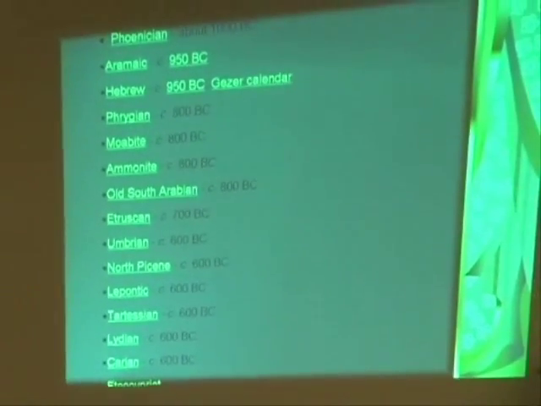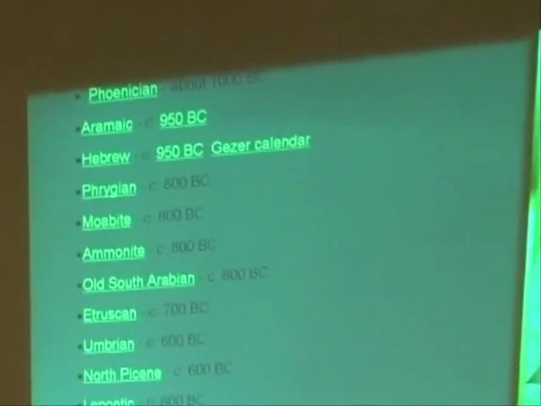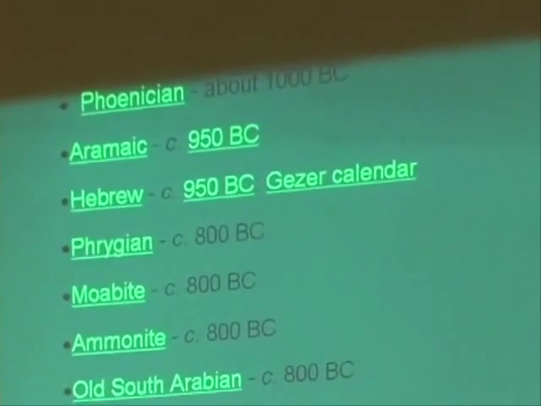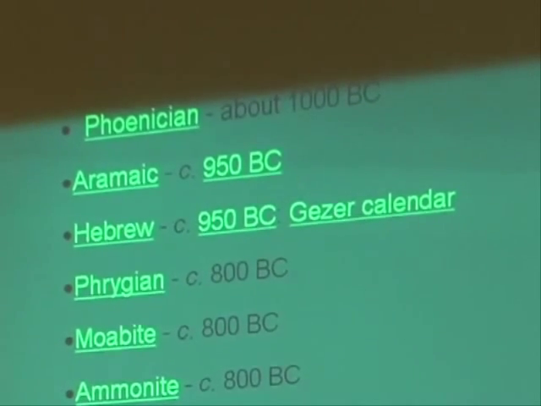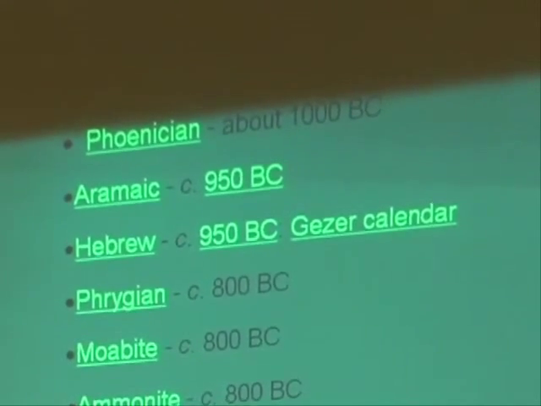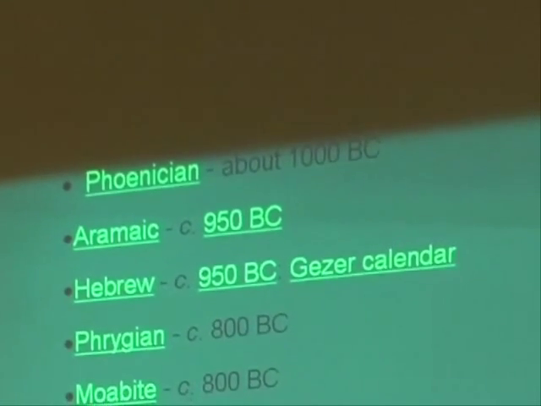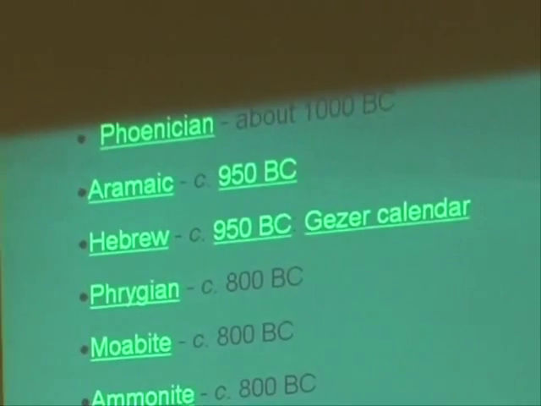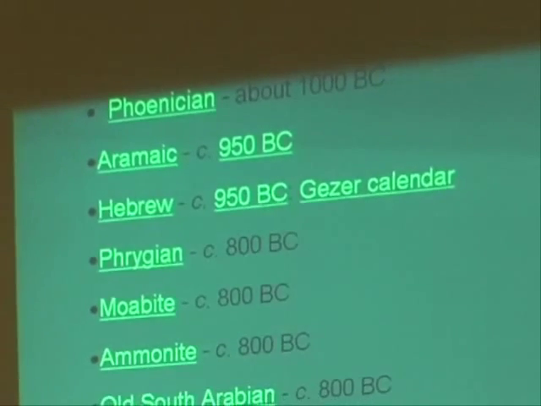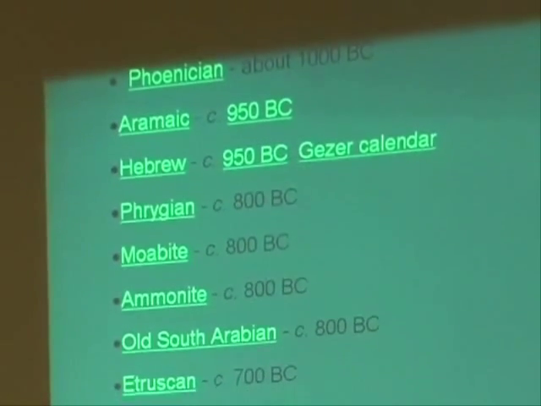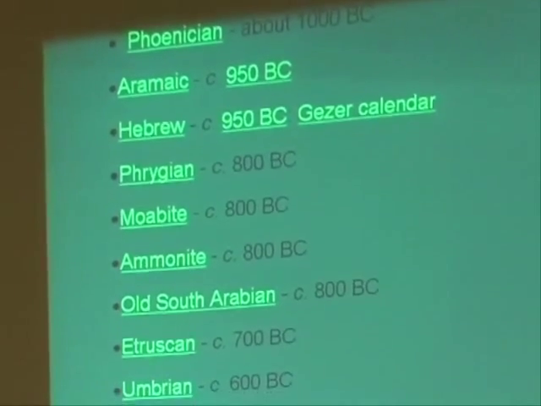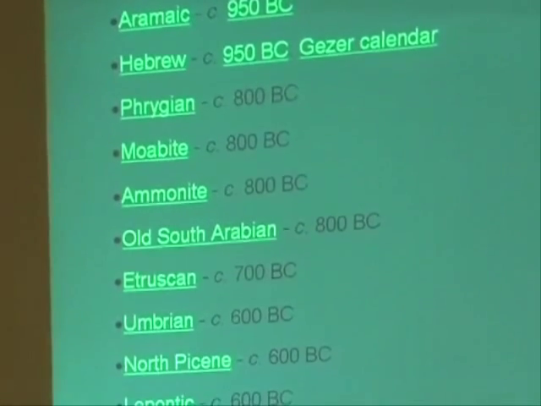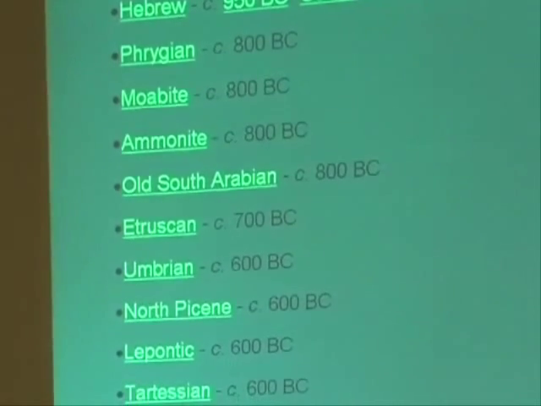Then you have Phoenician, Aramaic, even though I don't agree with this chart. I think Aramaic was much earlier, and so was Hebrew. But remember, this table was not put together by a Jew. Aramaic and Hebrew were much before the rest of them. But that's when they're seeing information being written in those languages. Phrygian, Moabite, Ammonite, Etruscan was a language that was spoken in Italy before Italian came to be, before Latin even.